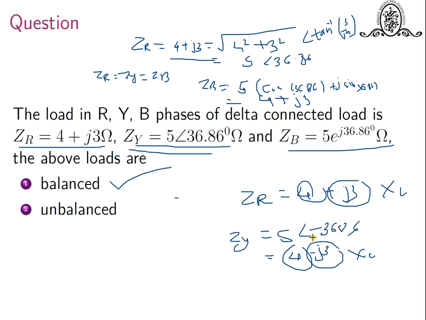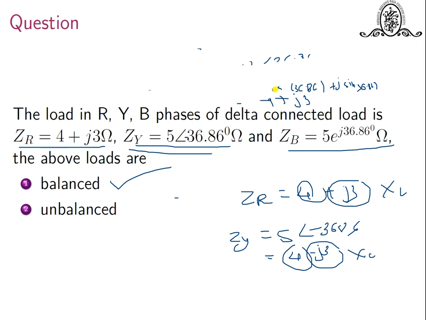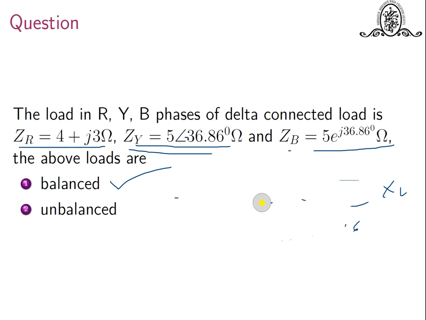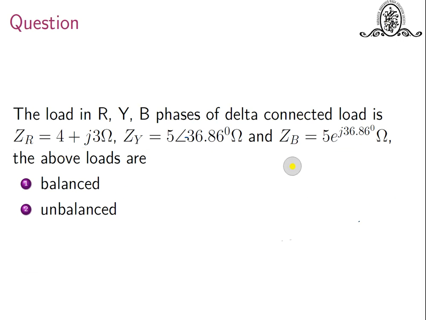Hence this is an unbalanced system if this is a minus. But here all are coming the same, hence ZR is equal to ZY is equal to ZB. Suppose this is the minus angle, then this will be an unbalanced load. So think critically while you are giving the answers to such questions. It will enhance your critical thinking also. So you start doing problems like this.